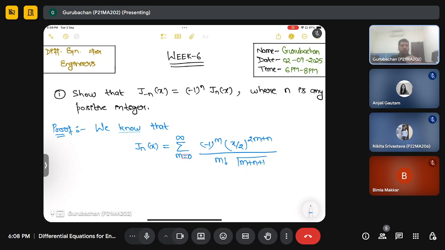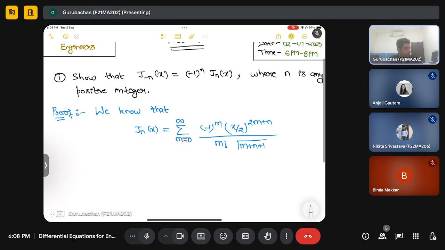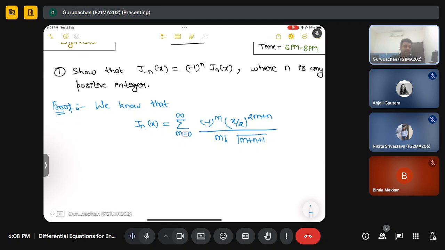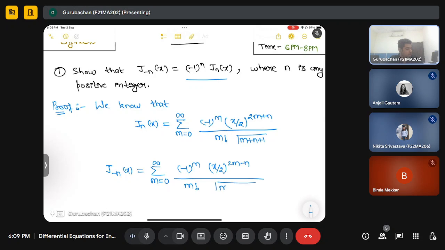Next we have to prove that J minus n x is equal to the following quantity. For that, we first write J minus n x, which will be equal to the series m from 0 to infinity, minus 1 to the power m, x by 2 to the power 2m minus n, divided by m factorial gamma of m minus n plus 1.